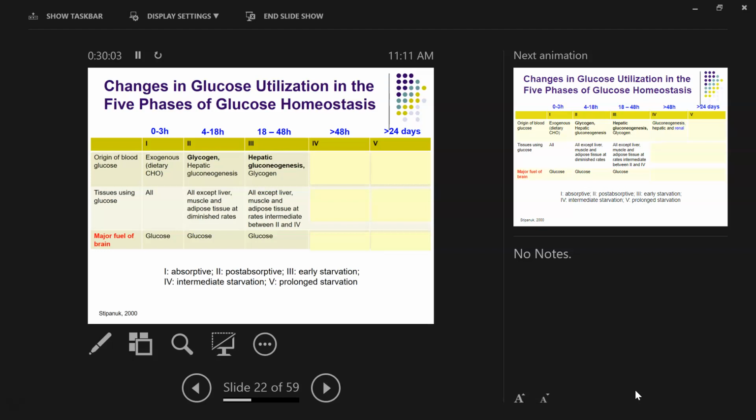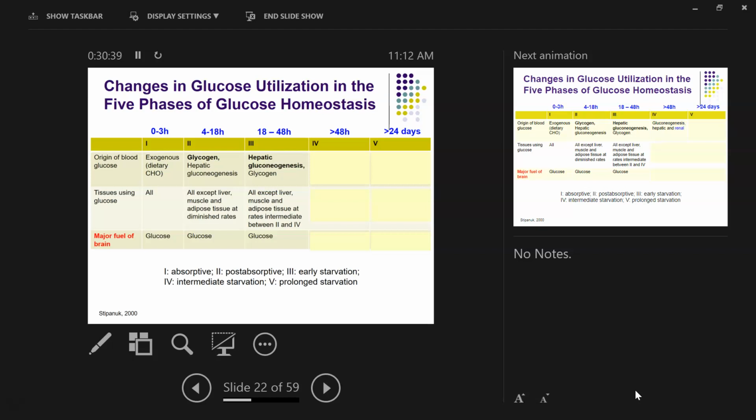So now phase 4, starvation for longer than 2 days, 48 hours. So what are the main sources of blood glucose? What else, what are the other pathways that our body can use to make glucose? None, right?